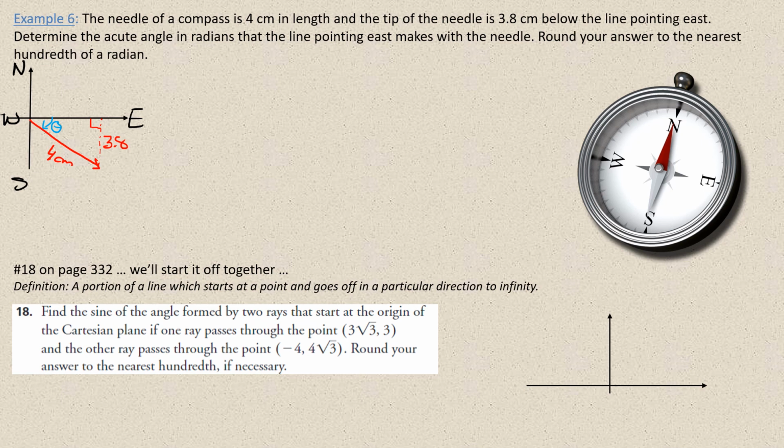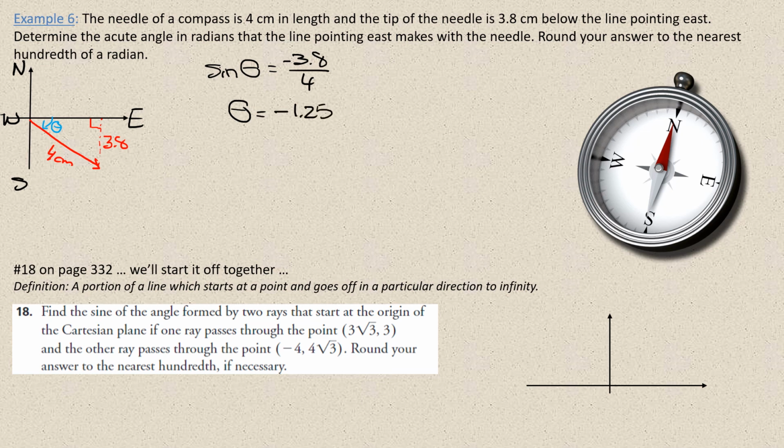So looking at that angle theta, here's my angle, here's my triangle. I've got an opposite and I've got a hypotenuse. So what are we going to use? Opposite, hypotenuse, sine. Sine theta equals our opposite, which is 3.8, but it's a negative because it's gone down, right? It's below the x-axis. Our hypotenuse is always positive, 4. You put that into your calculator, you'll get theta equals negative 1.25.